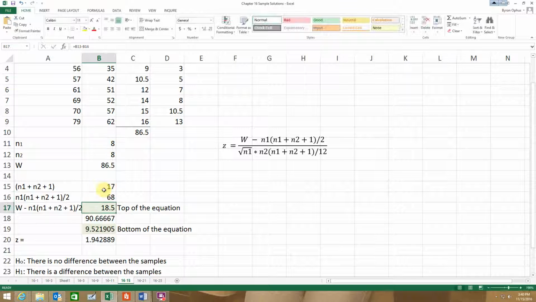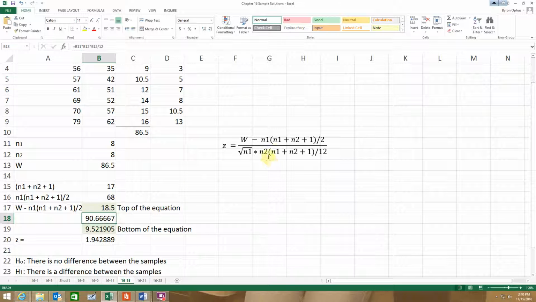Okay. So that's my N1. Yep, got her. Okay, and then I subtract that from W, right? This should give me the whole top of the equation. This is equal to my W minus this part. So there I get the top of the equation, right?